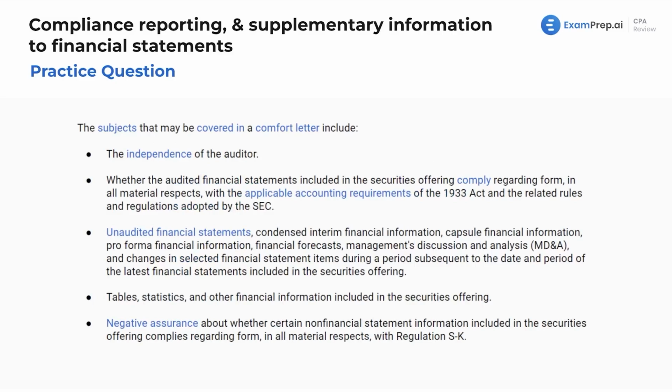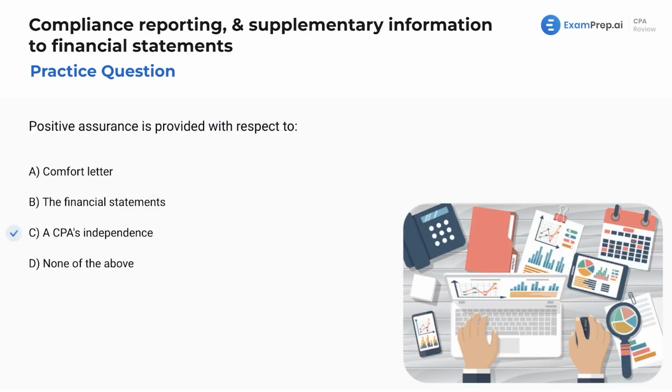And let's look here. Got some more items on negative assurance. So subjects that may be covered in a comfort letter include the fact that we are using negative assurance, right? So all of those reasons, all of those thought processes, we are going to arrive at the correct answer of a CPA's independence is going to have our positive assurance.